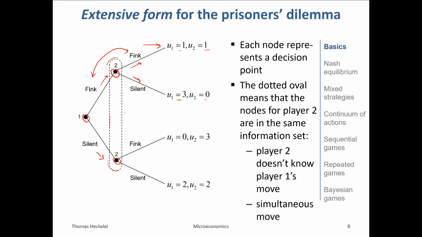So they make the decision simultaneously. The second player does not know what player one moves and the other way around. So we need that dotted circle for a simultaneous moving game.